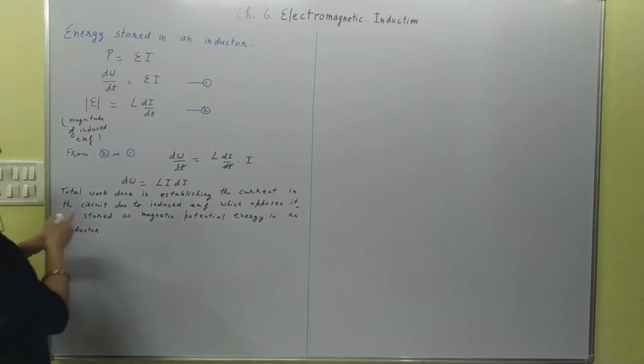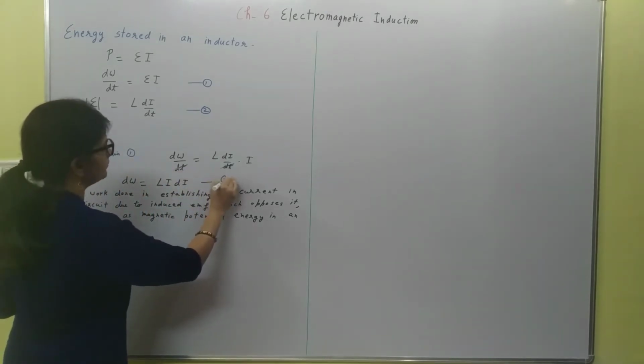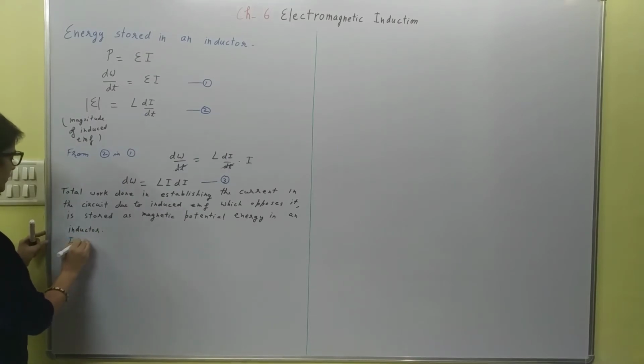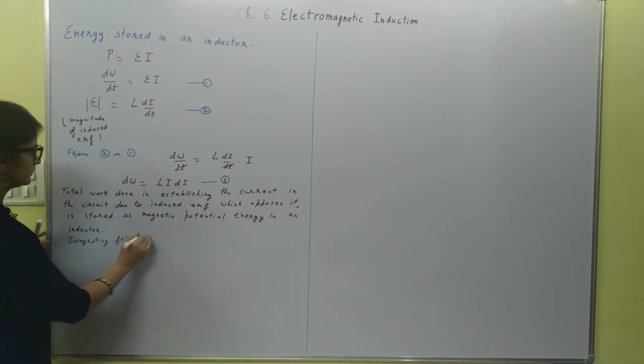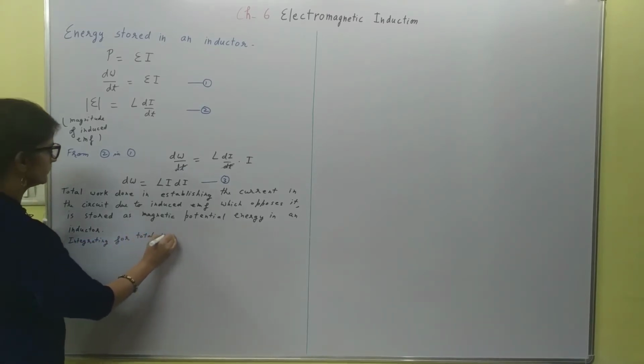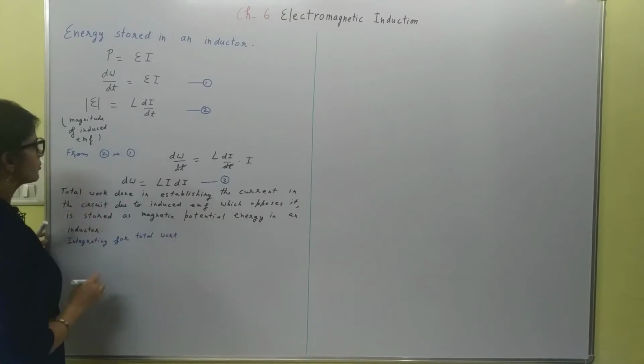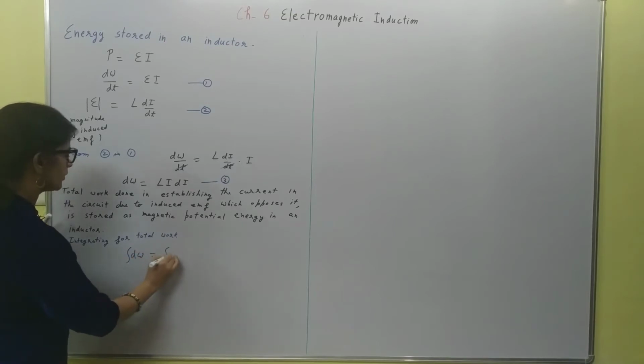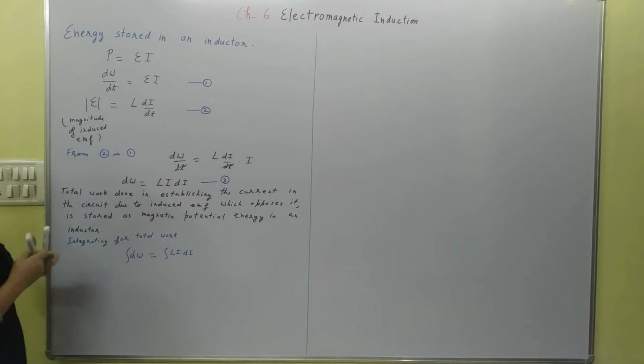Right? So we can mark this as equation 3. For total work, we are integrating it. dW is equal to integral L I di. What will be the limits?